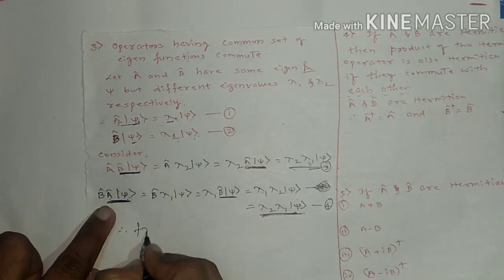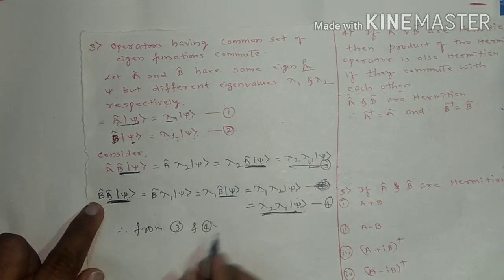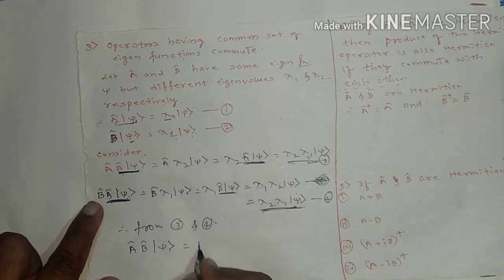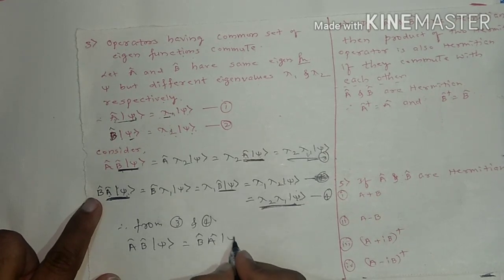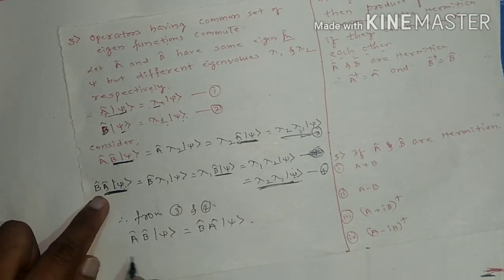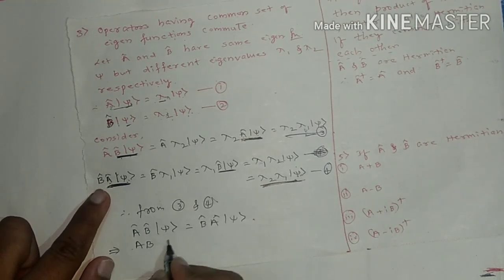Therefore from 3 and 4, AB ket psi is equal to BA ket psi. If I remove this psi, then this implies AB is equal to BA.